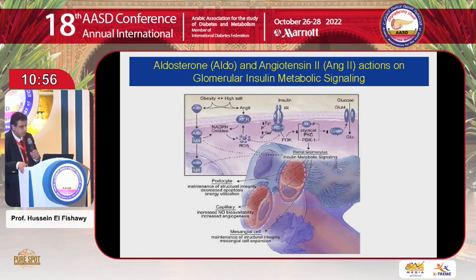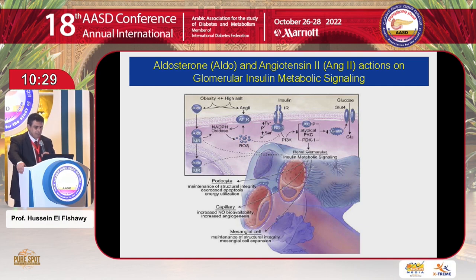What is the role of aldosterone and angiotensin II actions on insulin metabolic signaling? As we know, the cell will take the glucose and the insulin will enter for this glucose utilization. It is very important that insulin helps in the renal glomerulus. For podocytes, maintenance of structural integrity, decreased apoptosis and energy utilization. For the capillaries, increased nitric oxide bioavailability and increased angiogenesis.